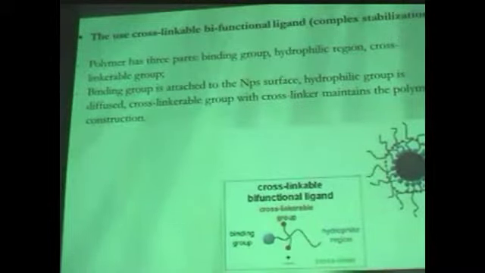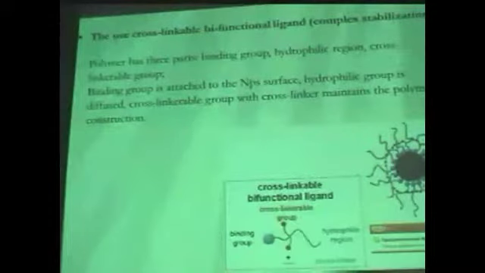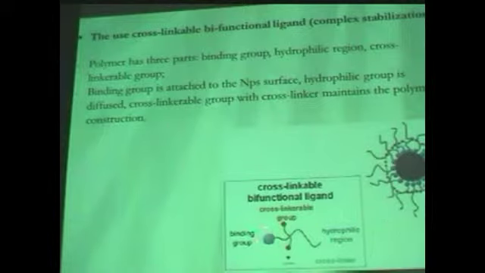So the final way is to use a cross-linkable bifunctional ligand, which gives relatively complex stabilization, and this way works very well. Such a polymer has not two but now three parts: the binding group, as usual, the hydrophilic region, and also a cross-linkable group.